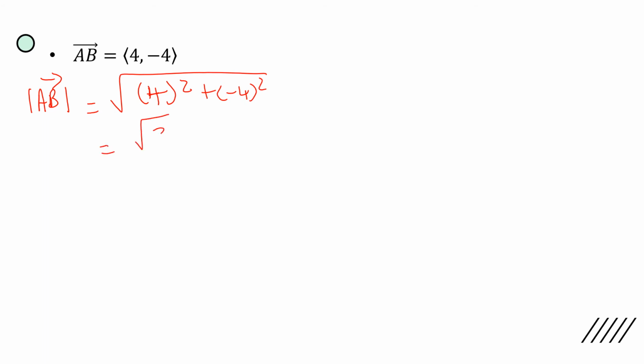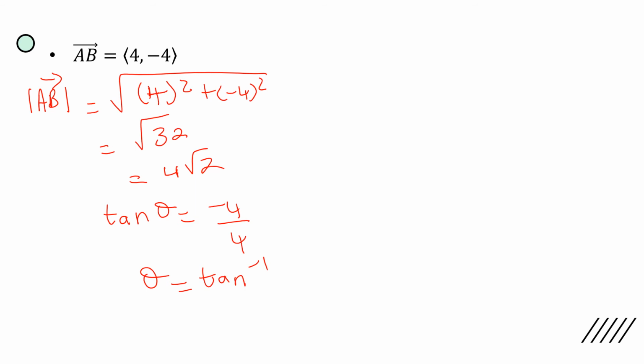This gives us root 32, which is equal to 4 root 2, and the direction for this is tangent of theta equals negative 4 over 4. Theta is equal to tan inverse of negative 1. Theta is equal to negative pi over 4, or negative 45 degrees.